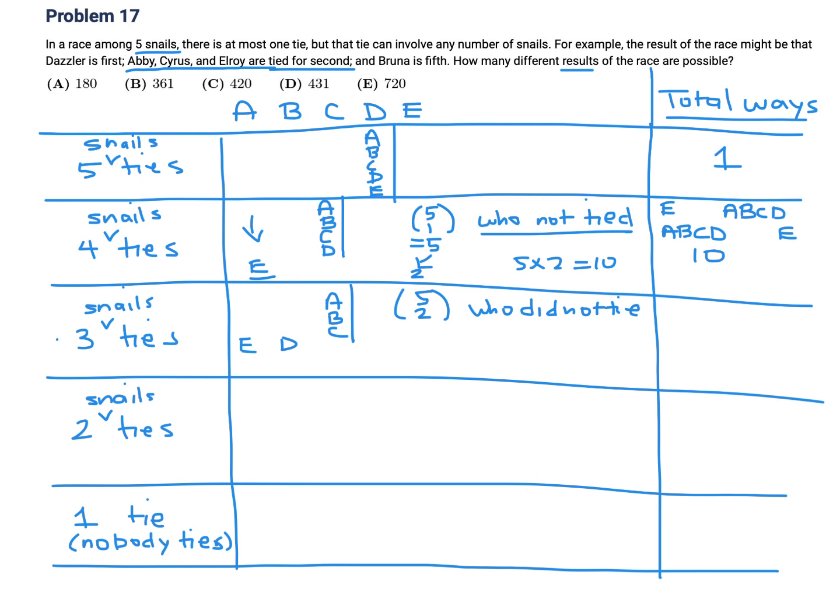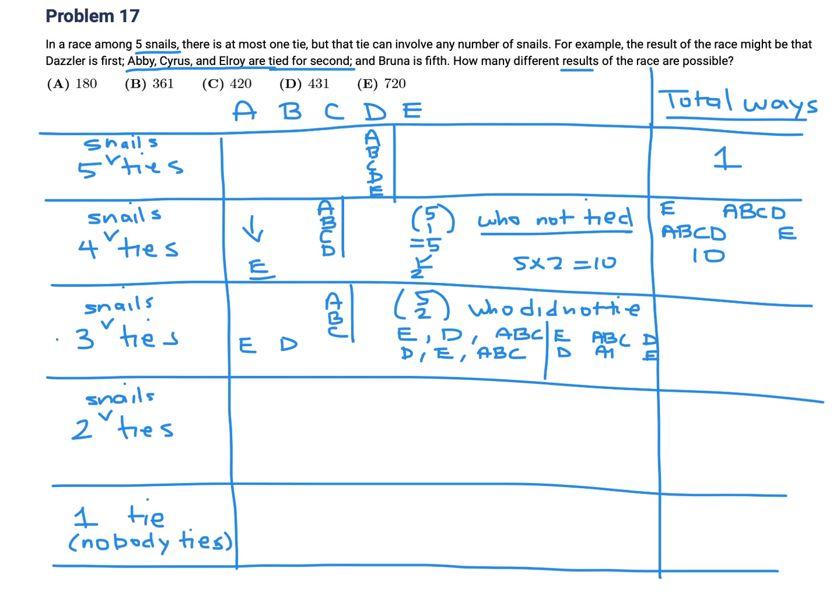Like, for example, you could have E, D, and then A, B, C, right? Which is what I drew. But then you could also have, for example, D, E, and then A, B, C. And then similarly, you could have A, B, C in the middle, and then E and D on either side.